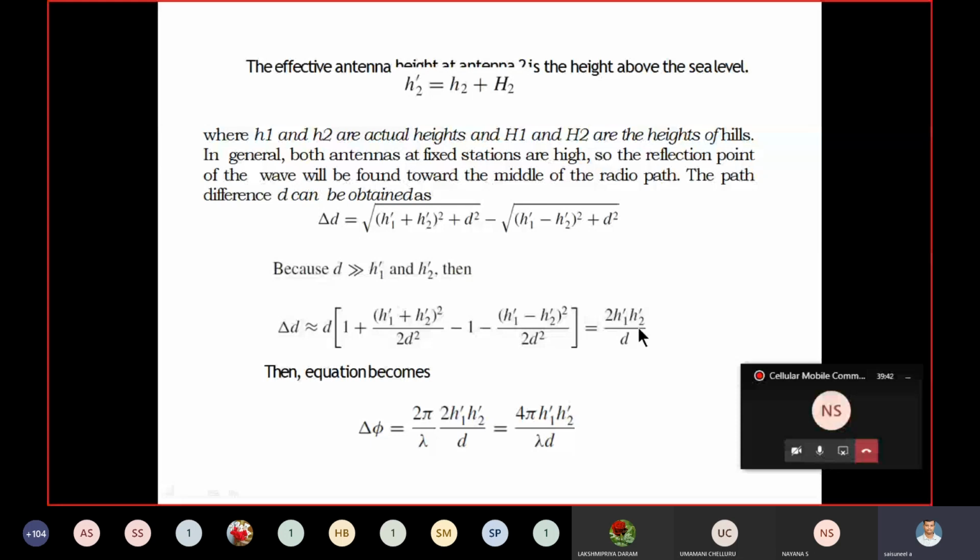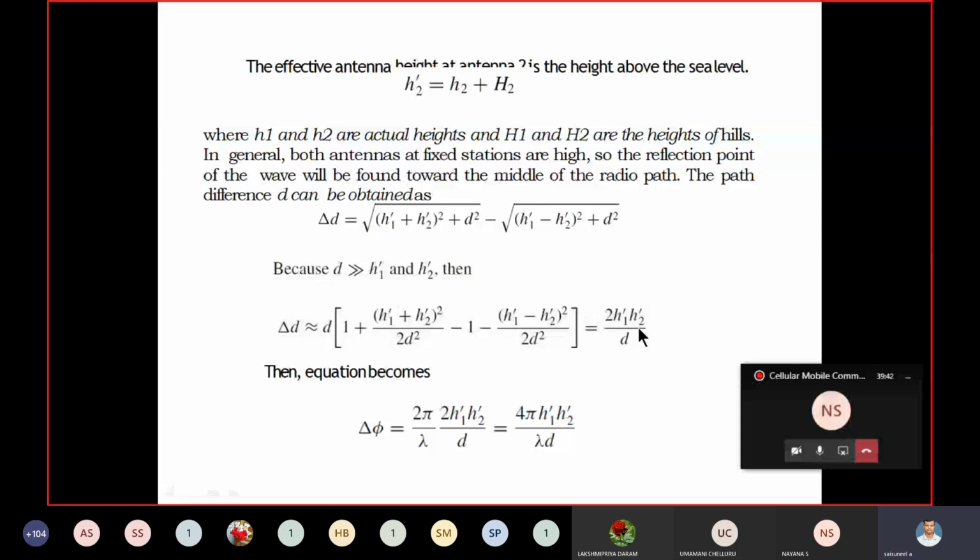Here, see this equation: PR equals P naught into (2 minus 2 cos delta phi). Based on this equation, consider some conditions.